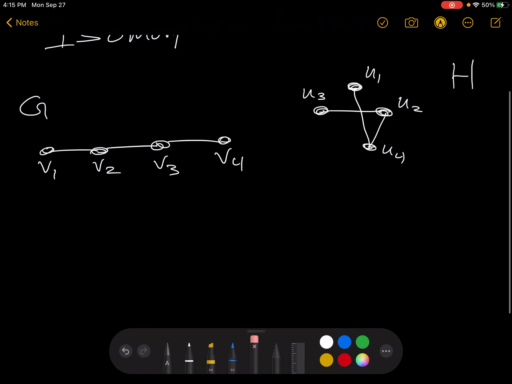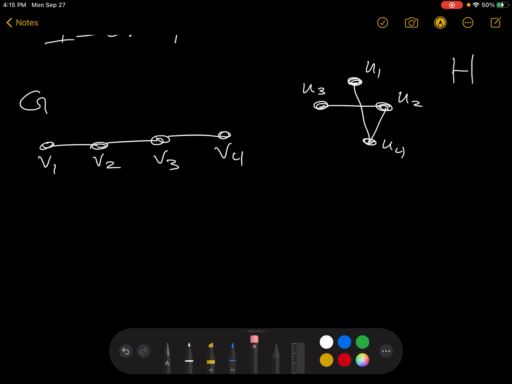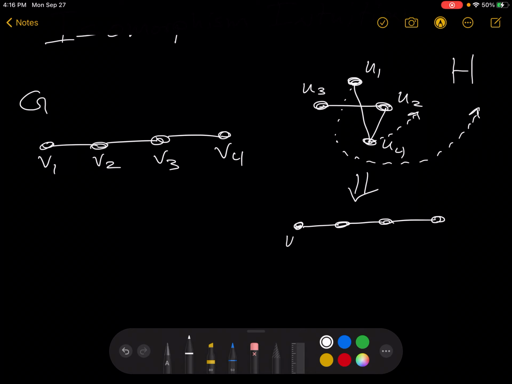All right, so let me show you what I mean by that. Notice that you could take U1 and pull it over here, and I'm going to take U4 and put it up right there. So what that would do is make this look like that. So that was U3 there, U2, U4, U1.